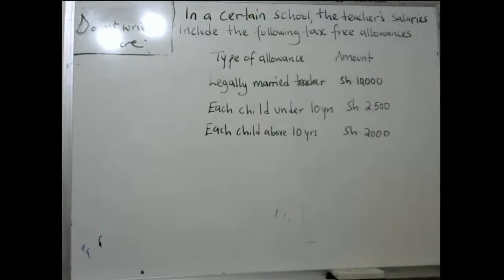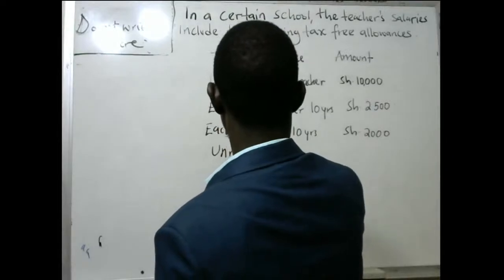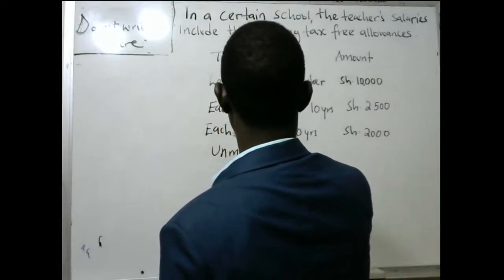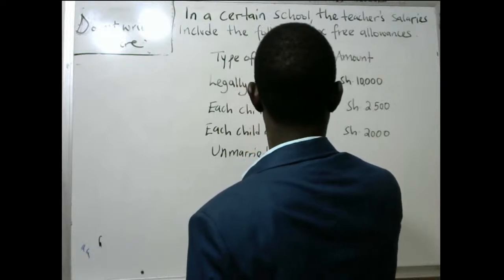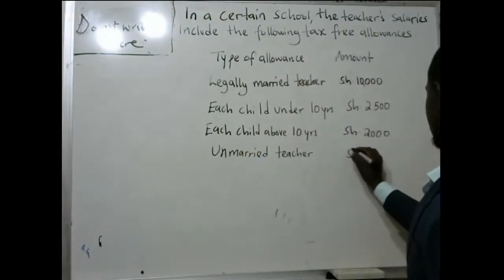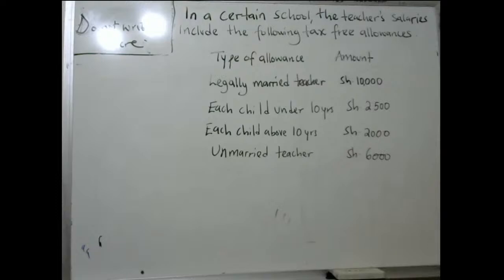Then we continue. The other allowance is unmarried teacher. If a teacher is not married, you receive shillings 60,000. Okay? Then we continue.